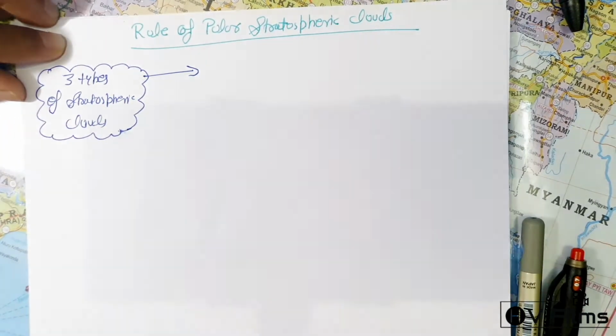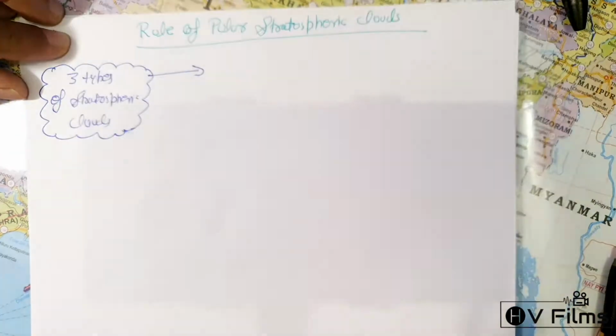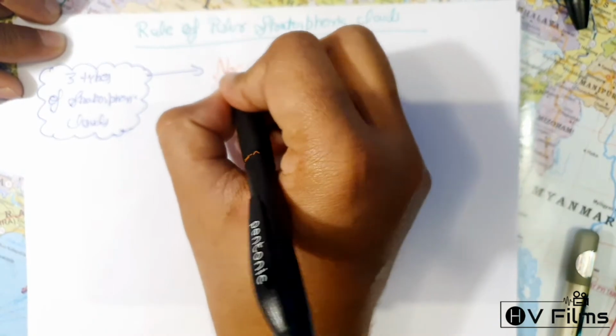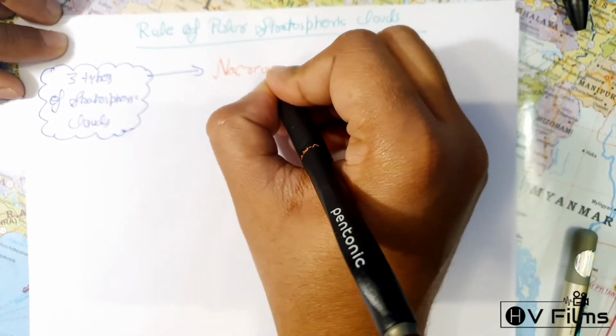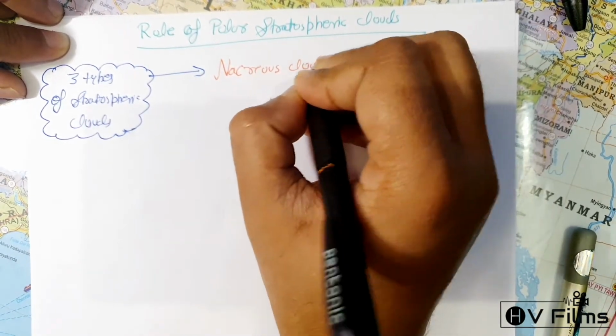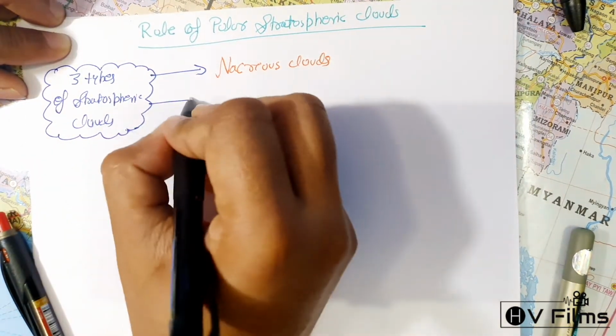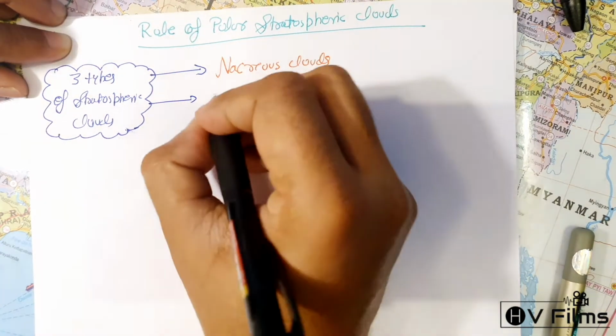The first one is nacreous clouds. The second one is the cloud with the nitric acid.